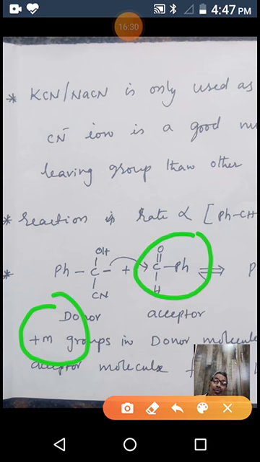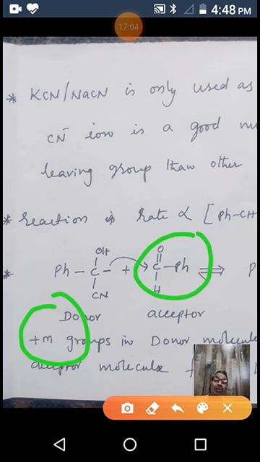So in the case of two different aldehydes, which one acts as donor and which one acts as acceptor depends on this issue. Whether a benzaldehyde or aromatic aldehyde contains electron releasing plus M groups like methoxy or dimethylamine, it favorably acts as an electron donor. That means the corresponding carbanion is more stable. That's why the molecule is converted to carbanion.